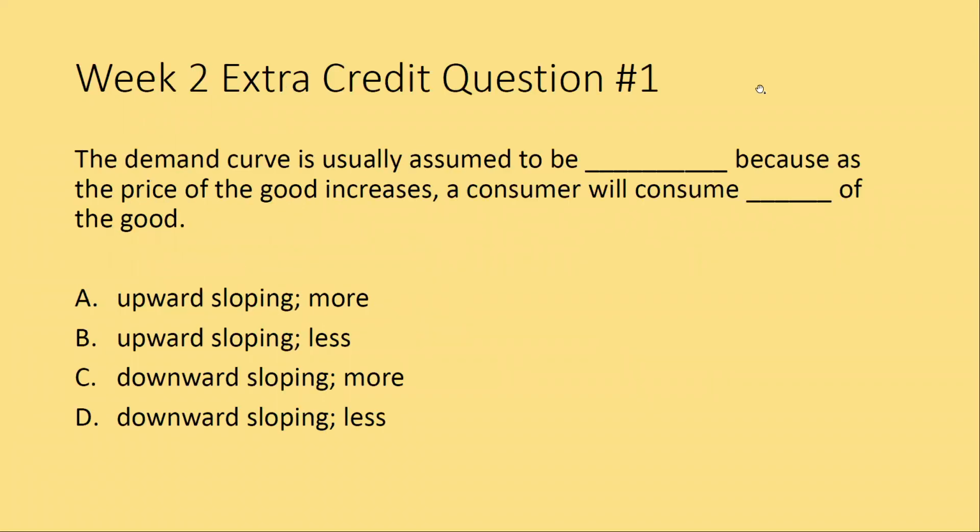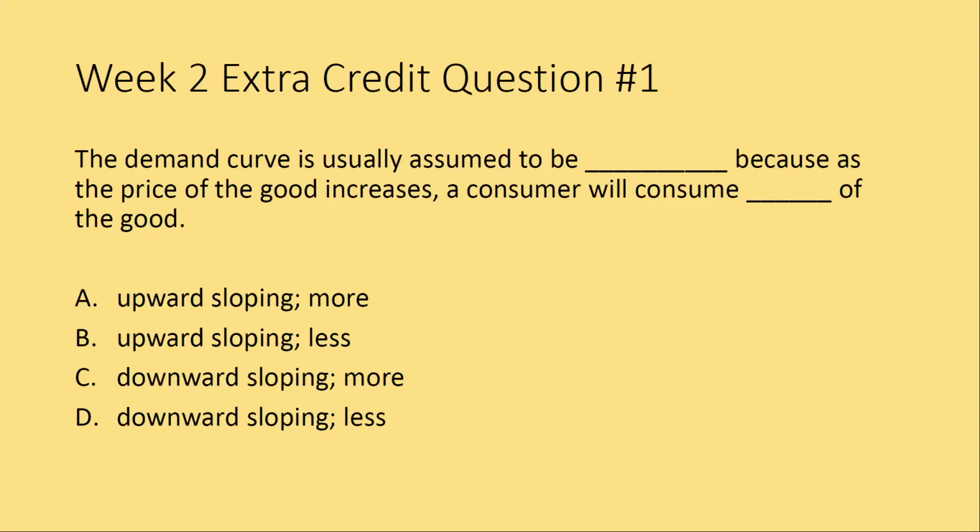And before we actually start discussing anything, I'm going to ask you a question that you might have already seen in Econ 3, and you are able to answer this after Econ 3. You don't need to have learned today's lecture to answer this question. And this is the first extra credit question for this week.